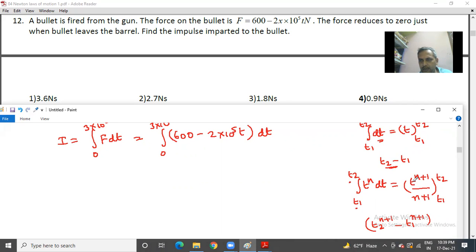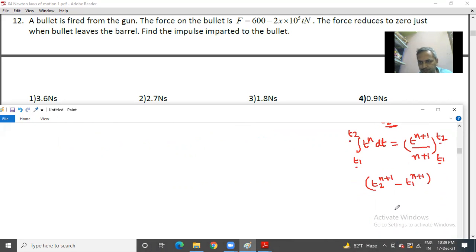You'll get x^(n+1) by n+1, so finally x2^(n+1) minus x1^(n+1), divided by n+1. This n may be any number, 1, 2, 3.